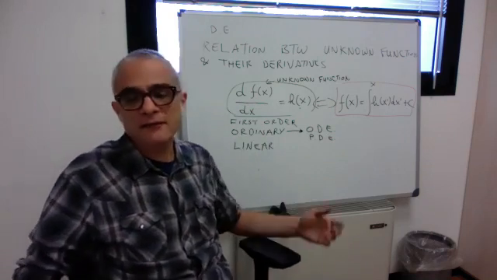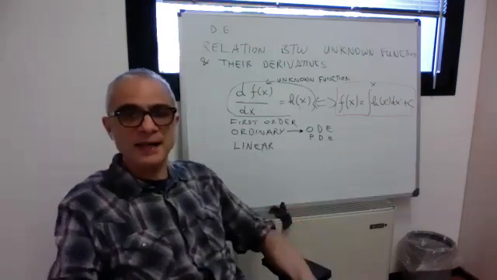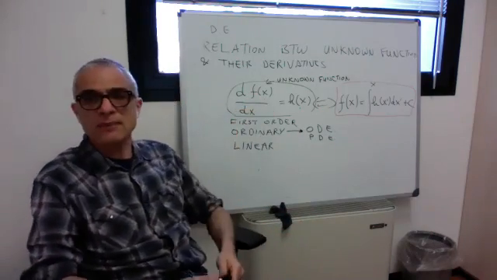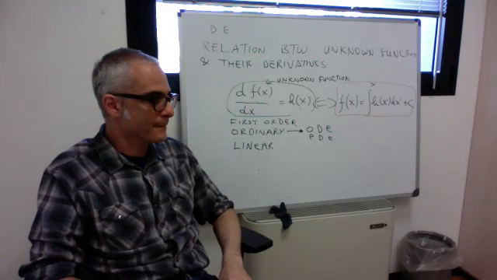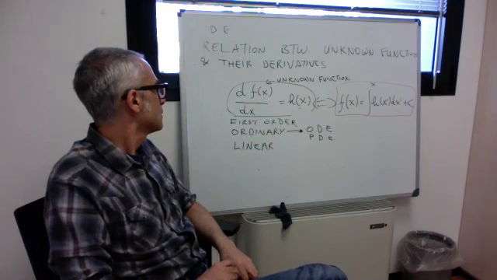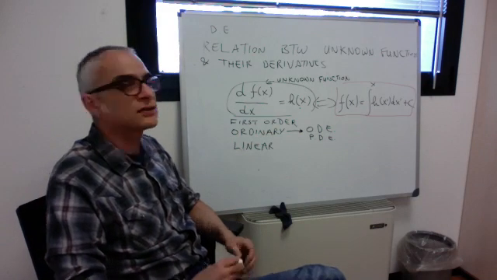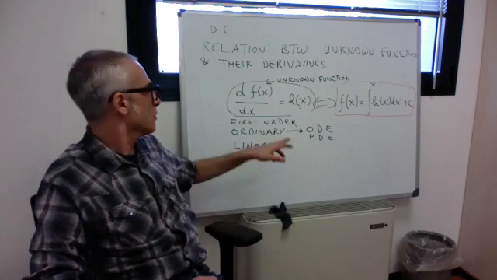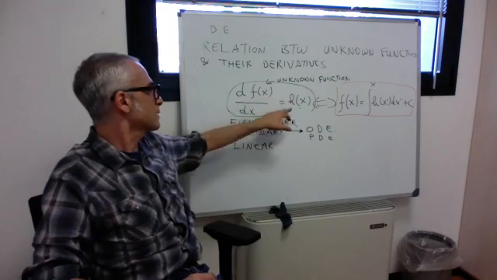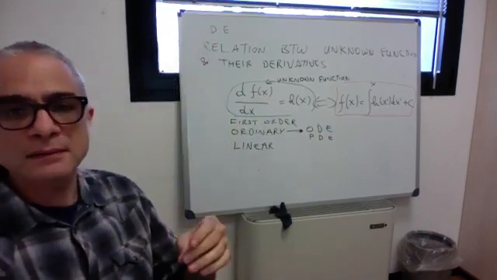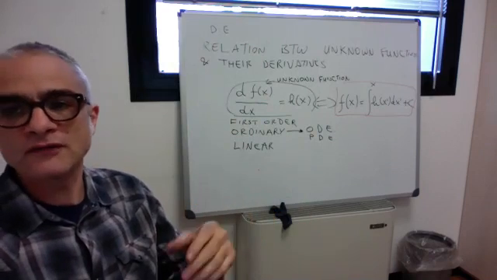What does it mean, a linear function? Basically, it means that you multiply the function by a factor, okay? So that factor is a function of the independent variable, but it cannot be a function of the function.